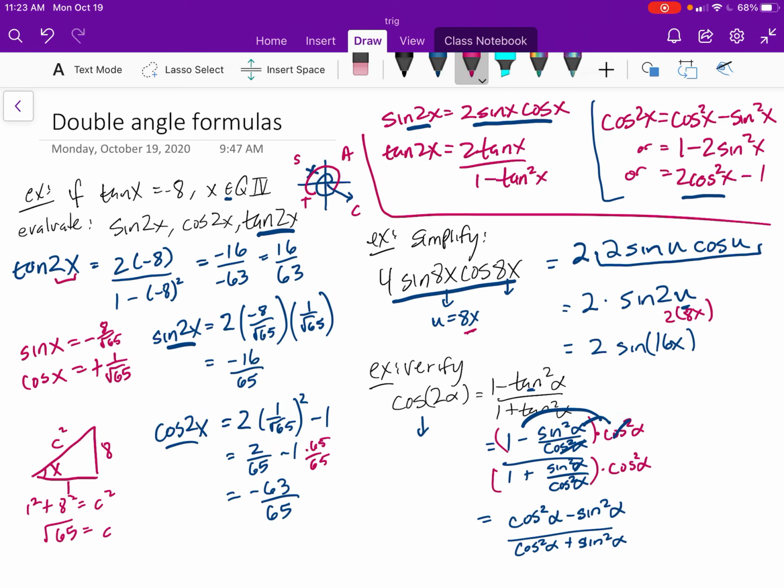This denominator is equal to 1. So I just have cosine squared minus sine squared. Well, that was one of the identities, right? Cosine 2 alpha is cosine squared minus sine squared. And therefore I'm done. I have the same thing on the left that I do on the right.